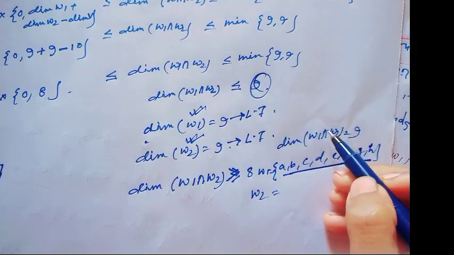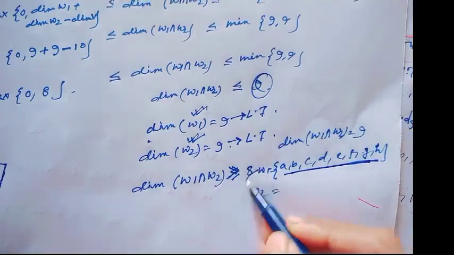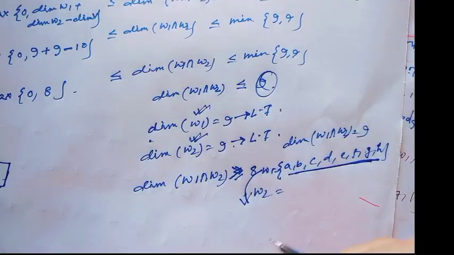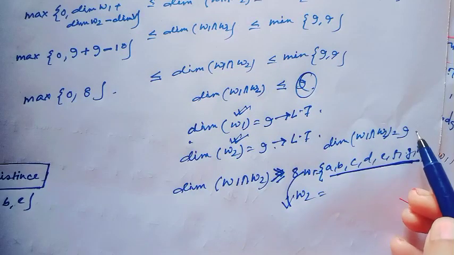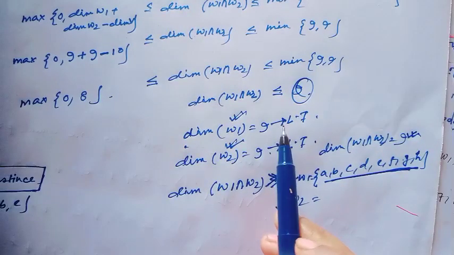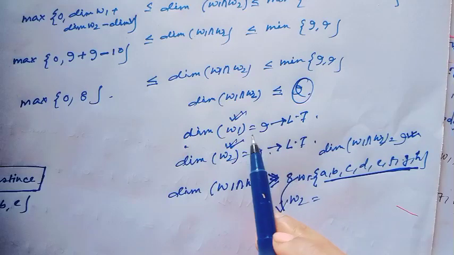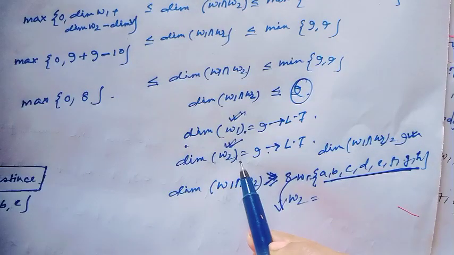W1 intersection W2 means the common elements of both, but if the dimension of W1 intersection W2 were 9, this would not imply W1 and W2 contain distinct elements.